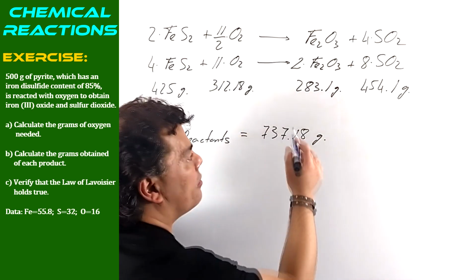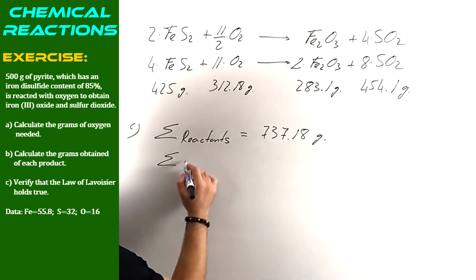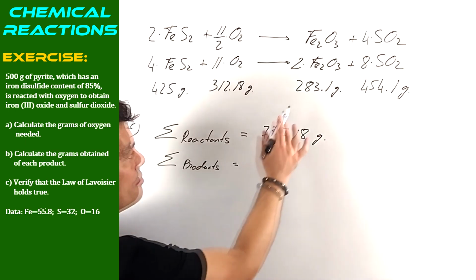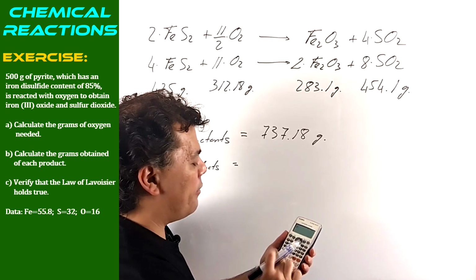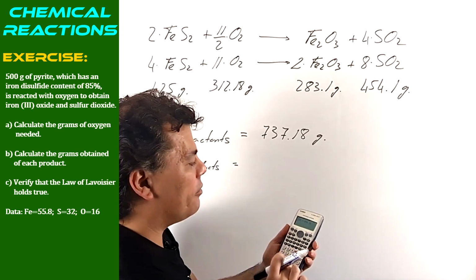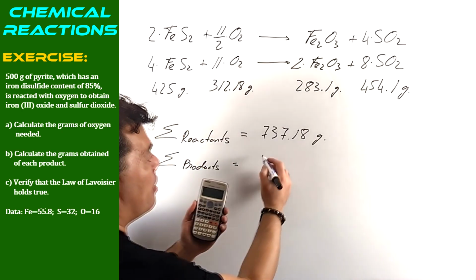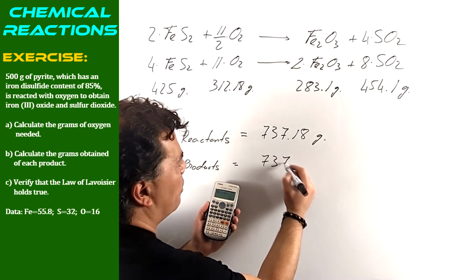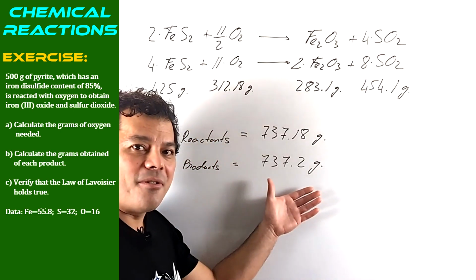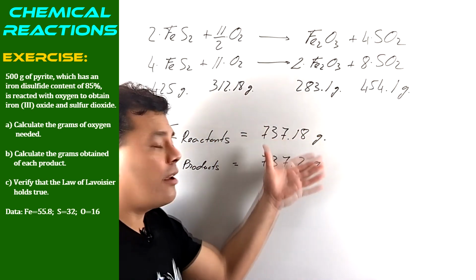And we are, of course, also doing the same in products. So let's do 283.1 plus 454.1, and it gives us 737.2 grams in products. So as you can see, this is not a coincidence.